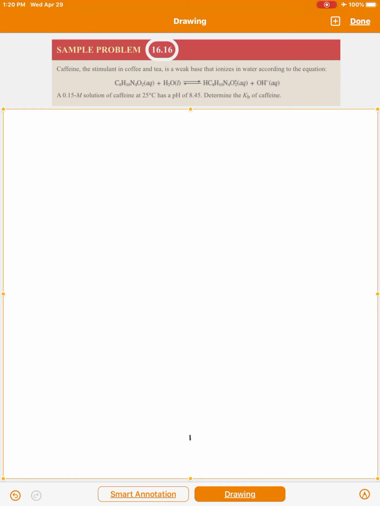This is very much like one of the sample problems with the weak acid, where they give you the pH and you have to figure out what Ka is. Similar idea here. So I'm going to write the chemical equation down again. In this case, caffeine is the base, water is the acid.